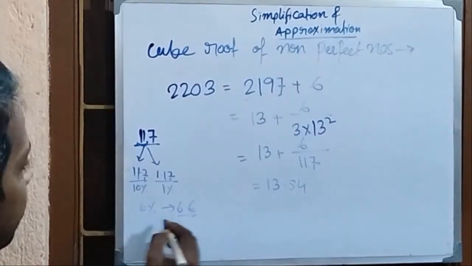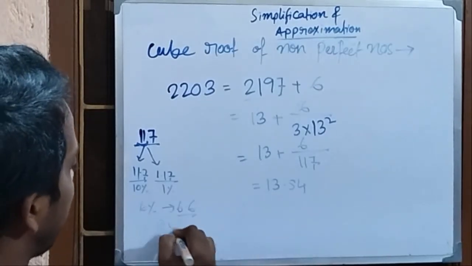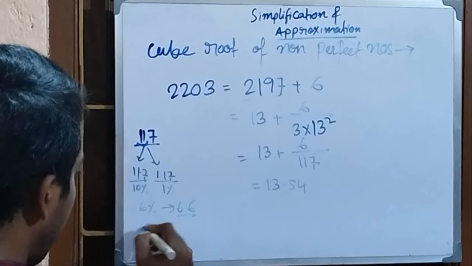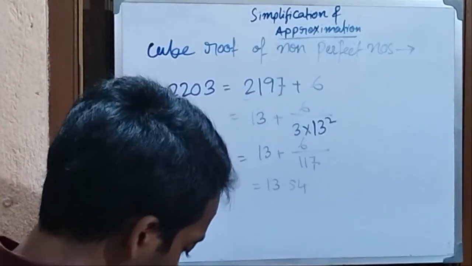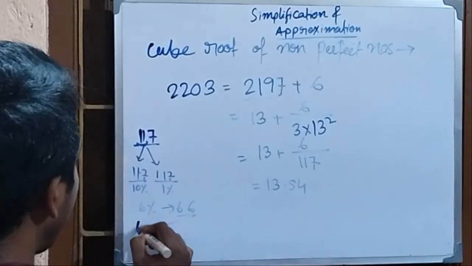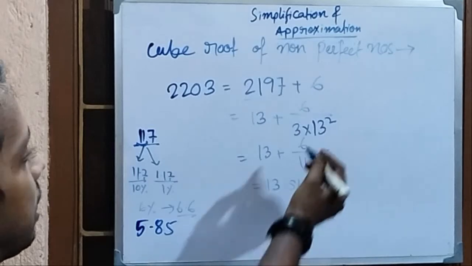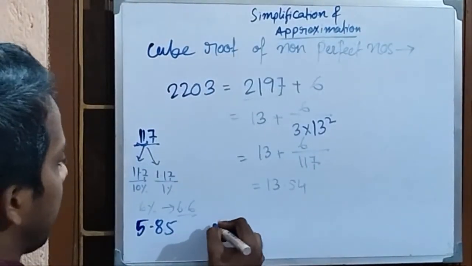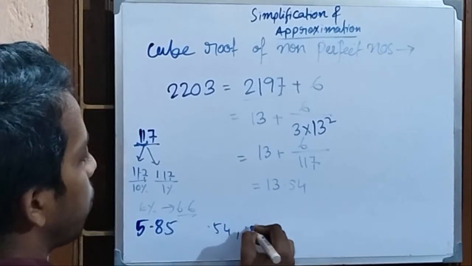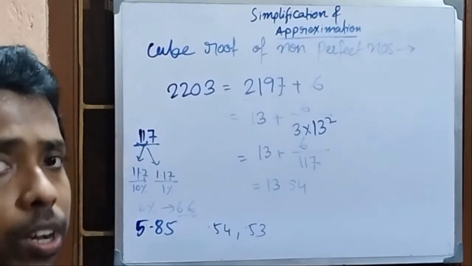So I am just taking an observation that 5.85 is the answer here. If we take 5%, 5% would give you 5.85, right? 5.85 for 5%, but here it is 6, so somehow it will give something like 0.4, 0.53, 0.54 kind of answer.